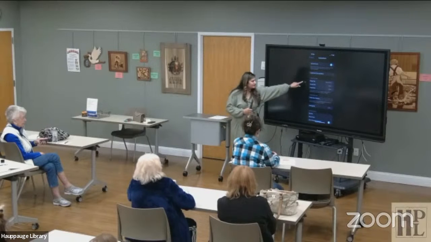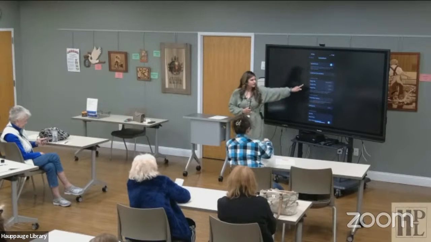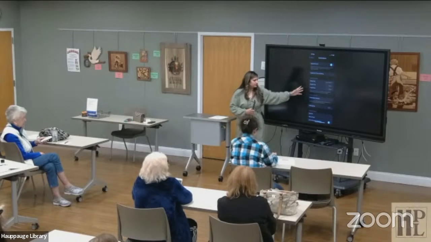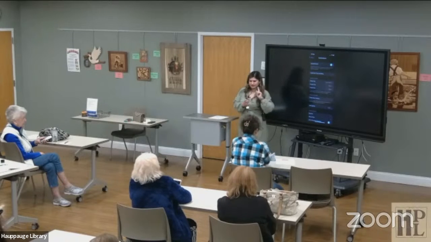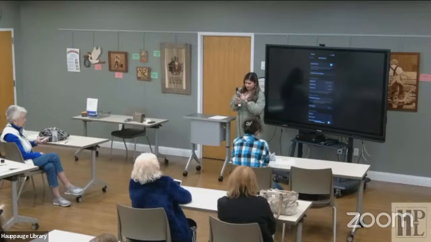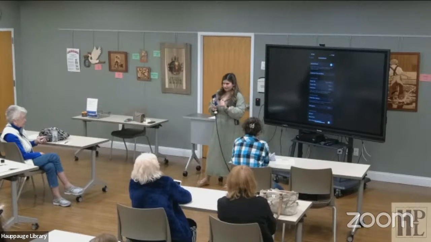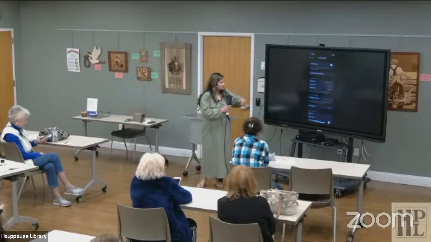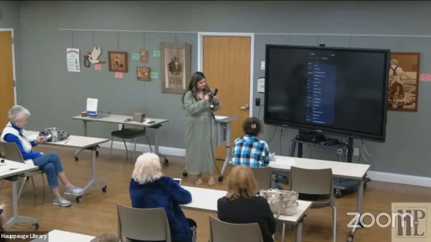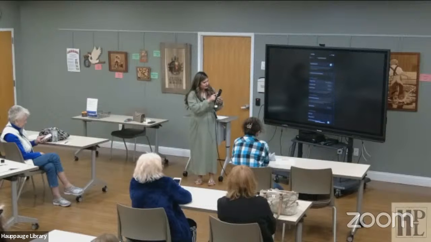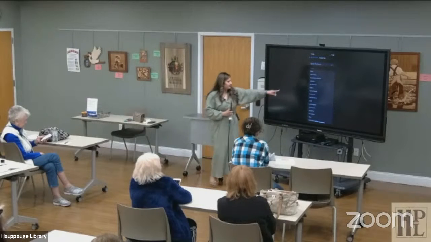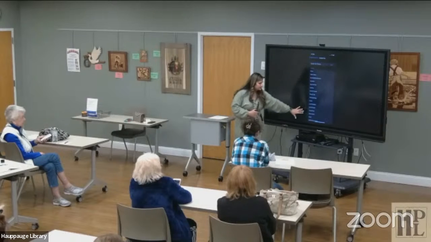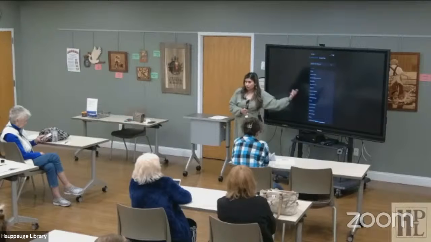Down here, we have custom actions: single, double, long press, single tap. Let's do single tap. Or actually, I'll do double tap first. These are little shortcuts that when I double tap my phone, this should open up.